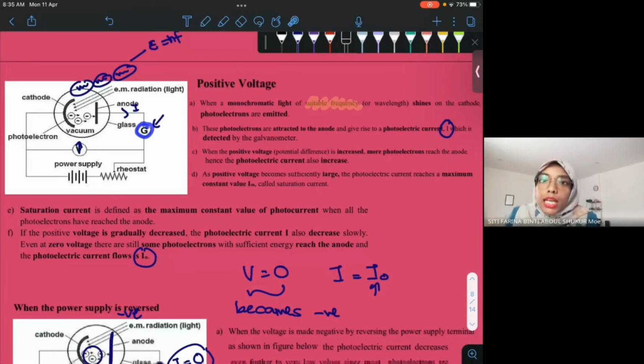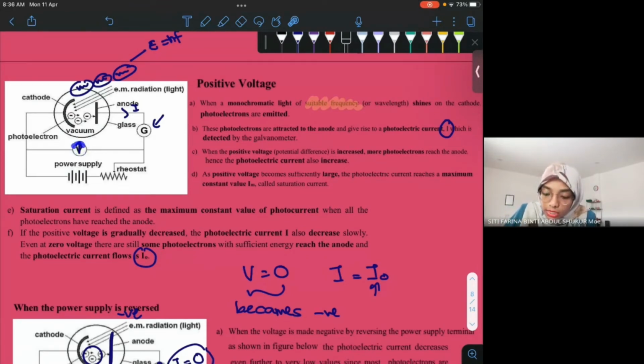Galvanometer kita akan deflect. Okay, and then in order to increase the current basically, apa kamu buat adalah you vary your rheostat. When you vary your rheostat, your voltmeter here will have a greater value daripada yang tadi. This is because the difference between these two plates has now increased. So potential kita dekat sini pun akan increase.